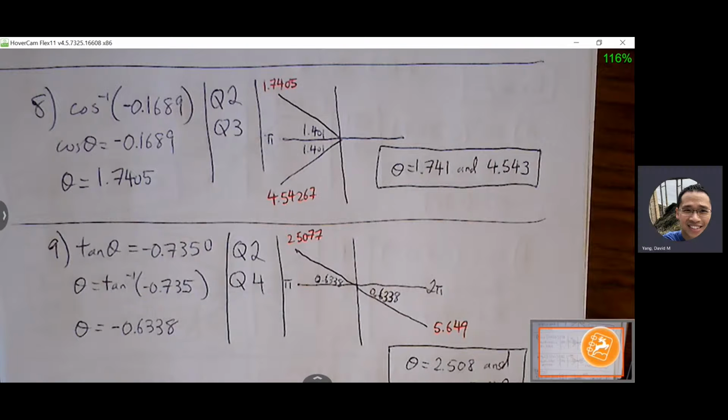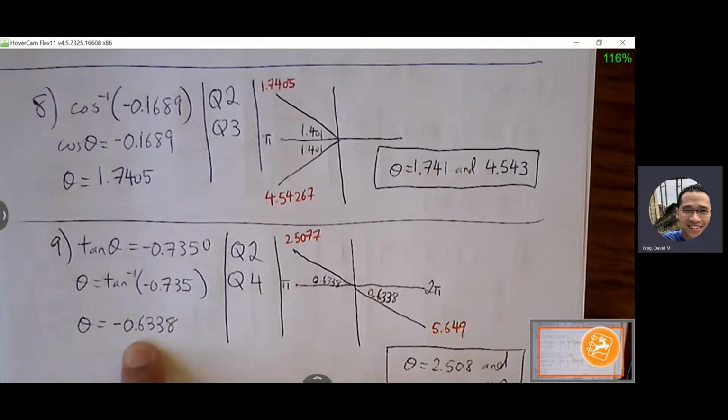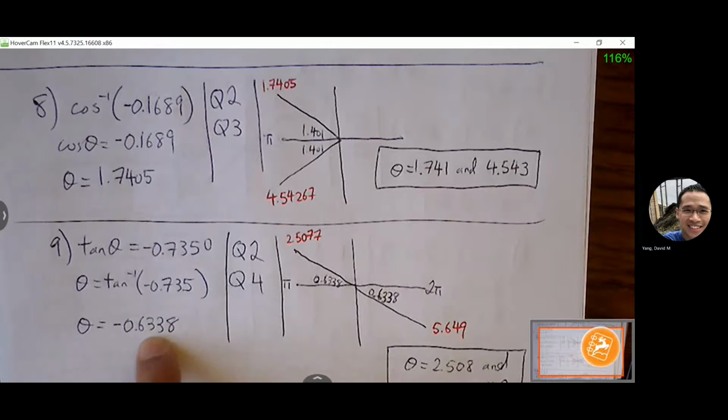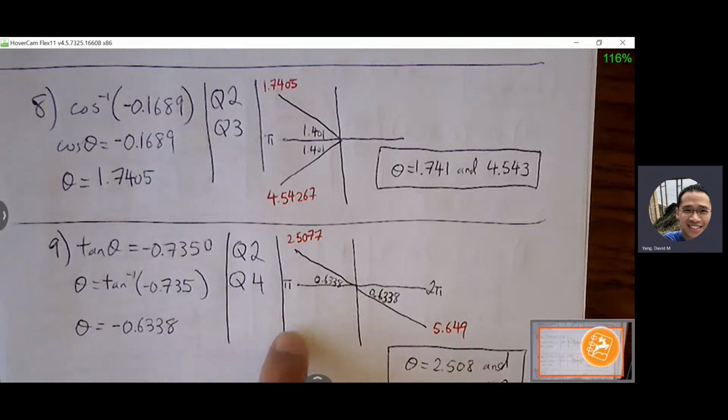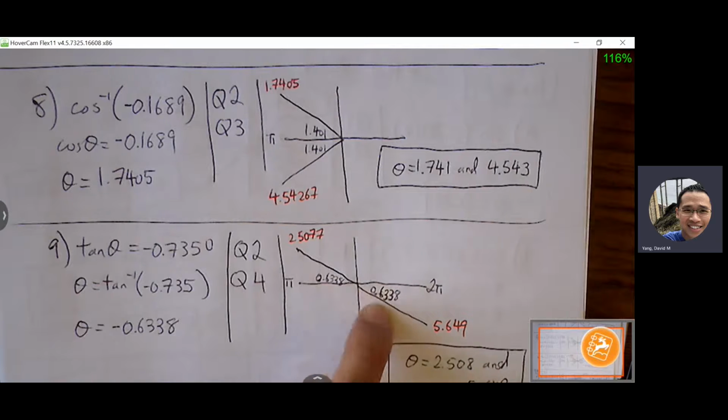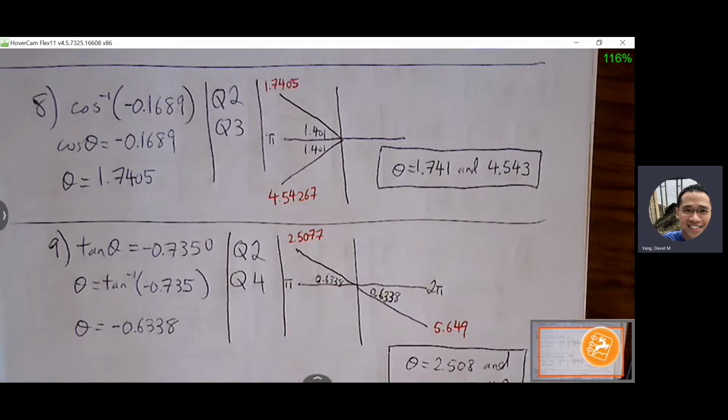Only negative cosine do you have to do a different set of steps. Everything else will feel the same. But anytime you get a negative theta in return, that will be your reference angle. Just make sure that you put positives in your diagram.